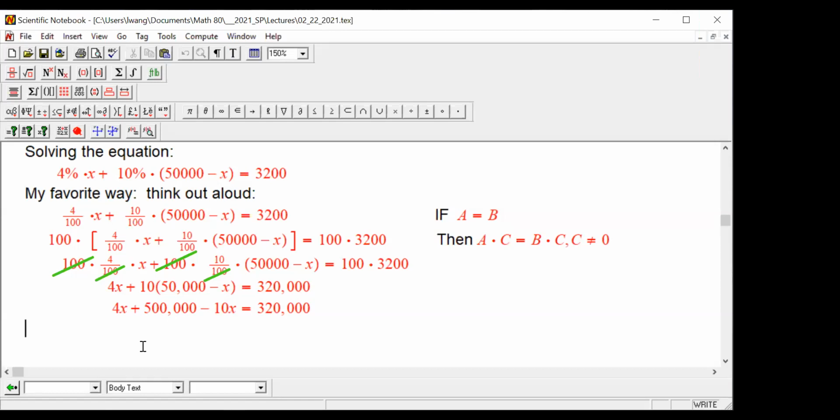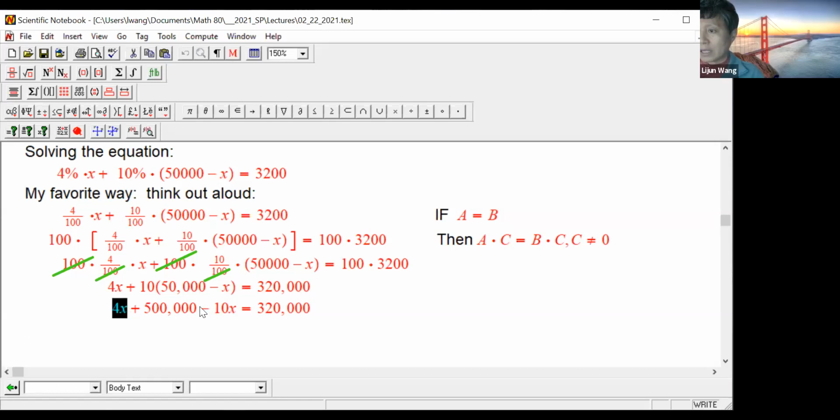Okay. And then 4x and negative 10x make negative 6x, plus 500,000, and on the other side is 320,000.